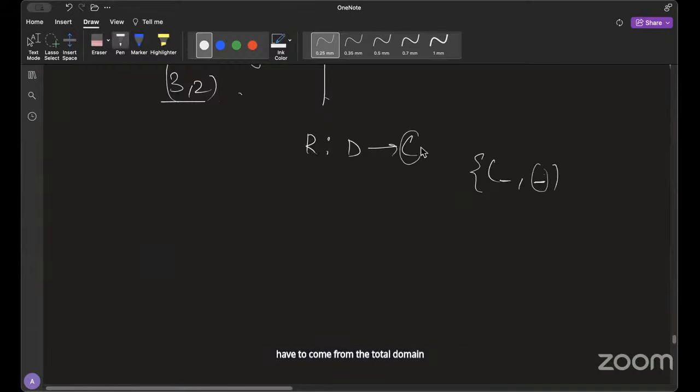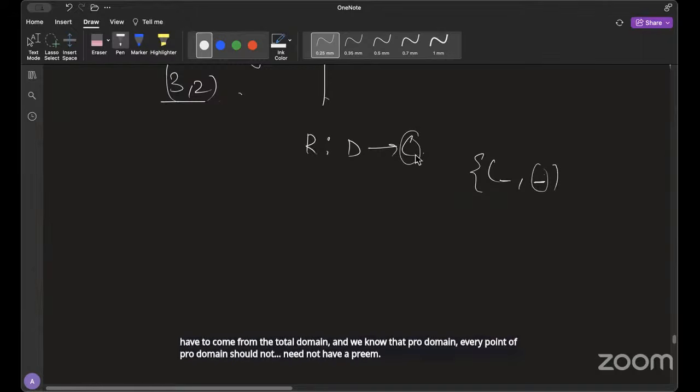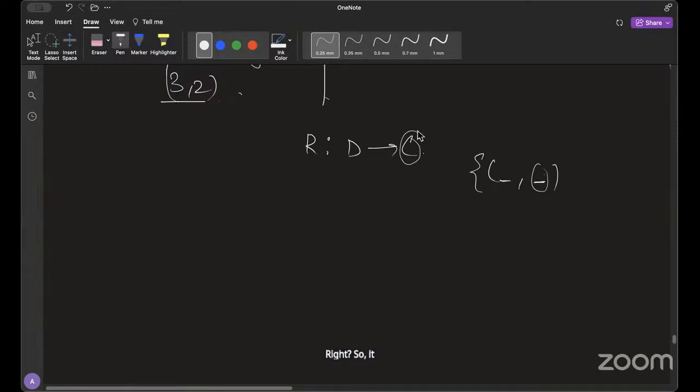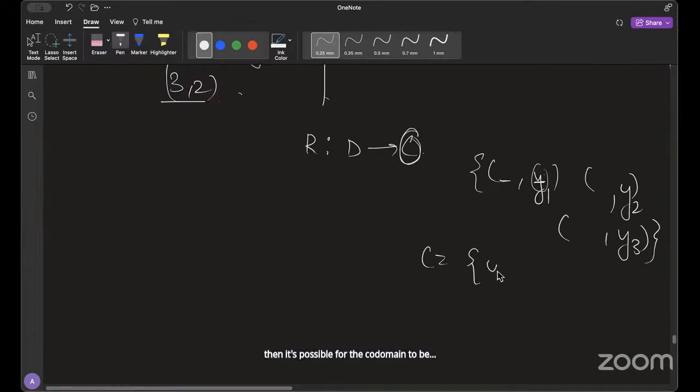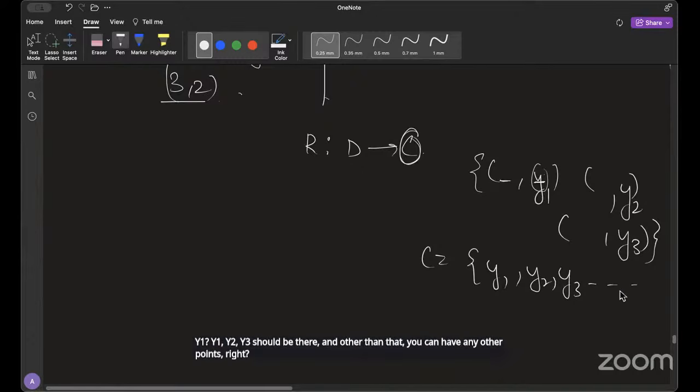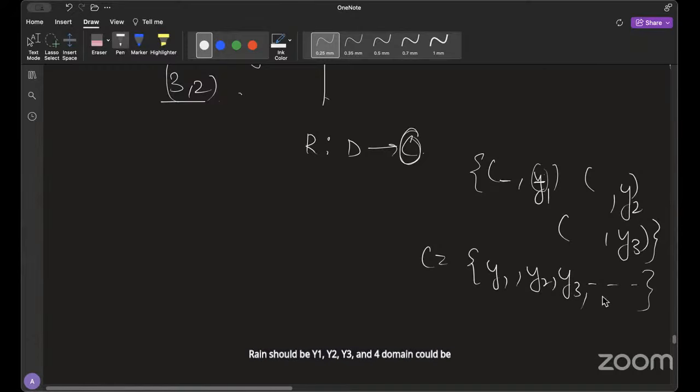We know that every point of the codomain need not have a pre-image. So if you have y1, y2, y3, the range should be y1, y2, y3, and the codomain could be y1, y2, y3 union some other set.